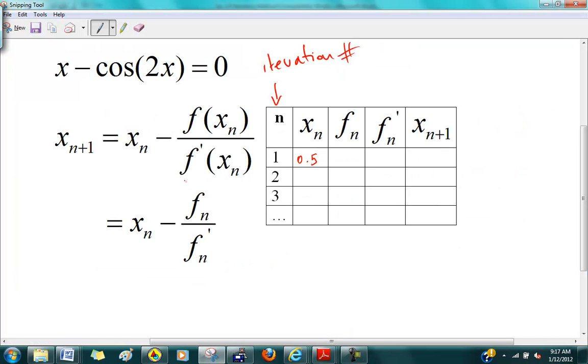You need the derivative of the function right there. That's f prime. What is f prime then? Remember, this is f of x: 1 minus, because cosine is minus sine, 1 plus 2 sine 2x. So what I want you to do is put the original function in y1.